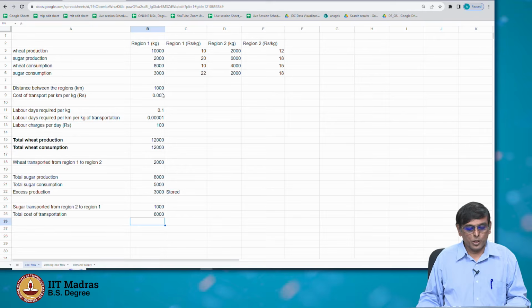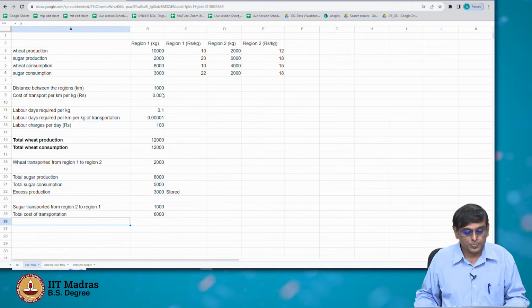So, 6,000 rupees was spent on transportation cost between region 1 and region 2, this much we know.